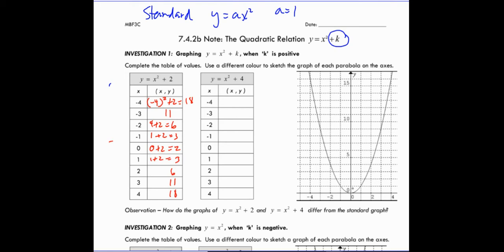So what happened with the plus 2? Right? It's almost going to have the effect of raising it. So look at 0 plus 2. There we go. At negative 1, we're going up to 3. At negative 2, we're going up to 6.